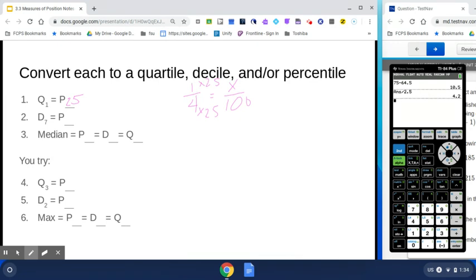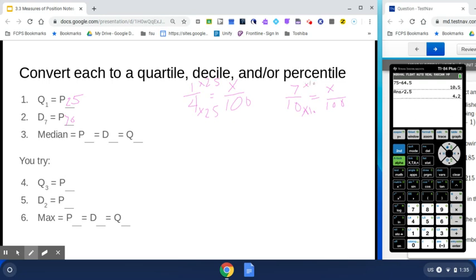All right, example 2, we're converting the 7th decile. That's 7 out of decile means 10 groups. And again, we're converting that to a percentile. So that would convert to the 70th percentile if we solve that for X. Again, we can multiply the top and the bottom by 10 in order to solve that.